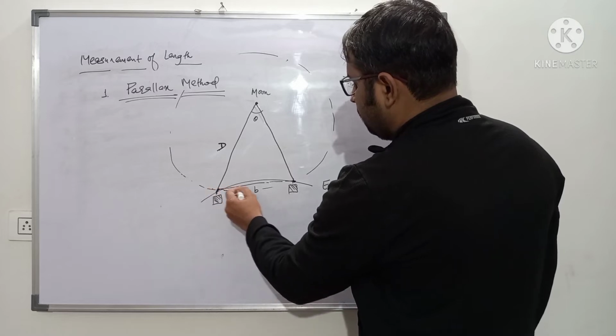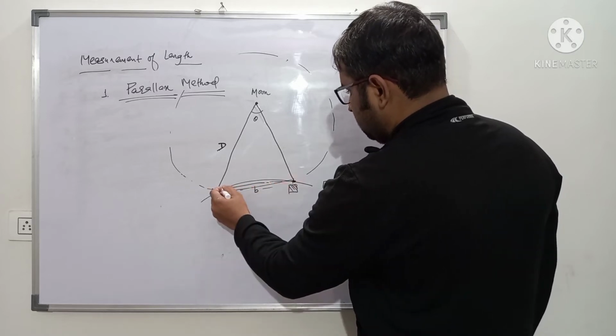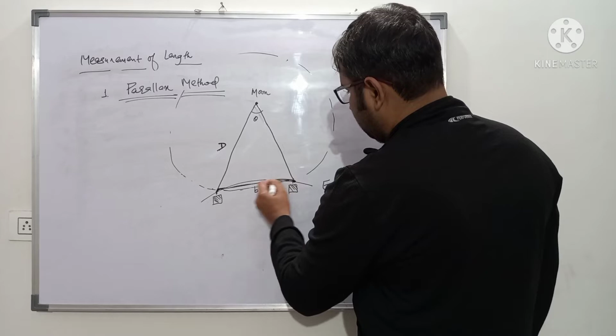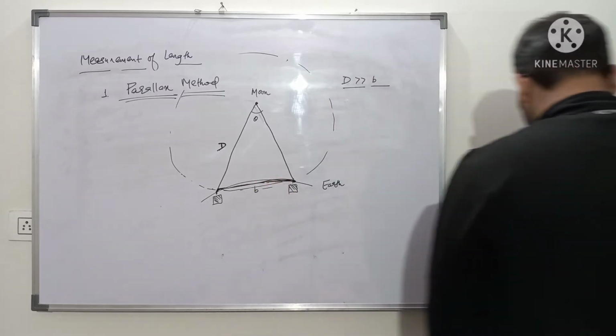This d is much greater than b, so b is much less than d. So we can assume this line to be an arc of that circle.